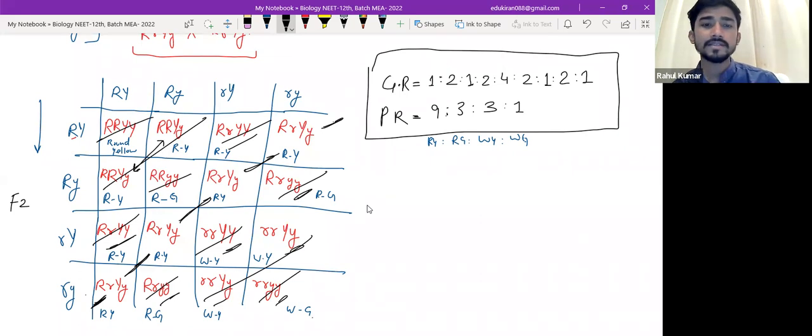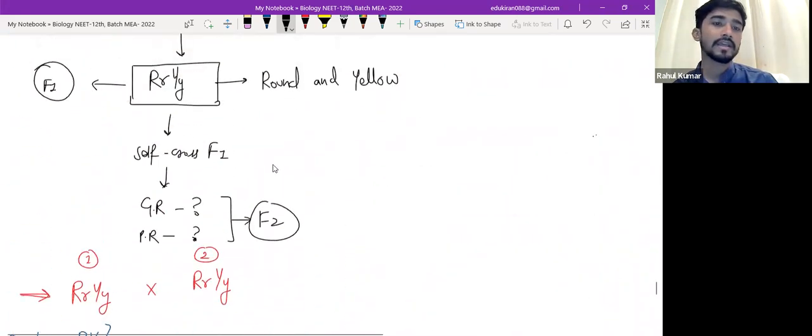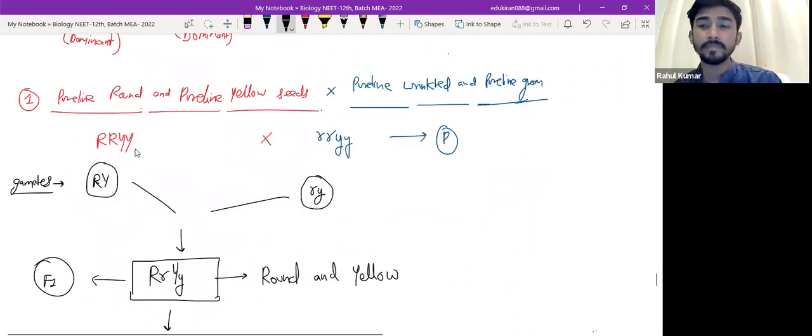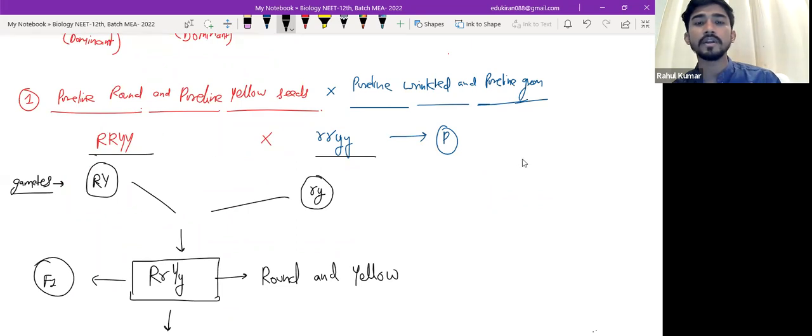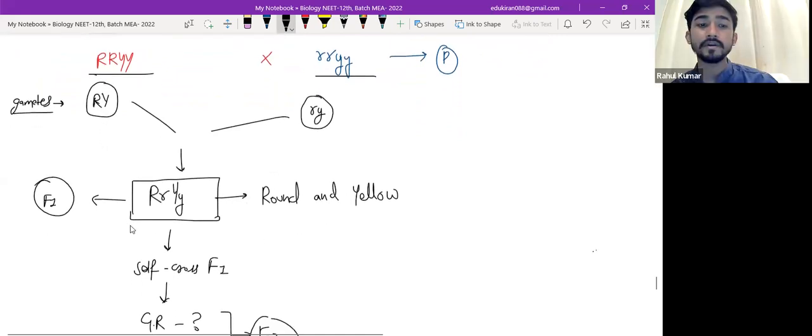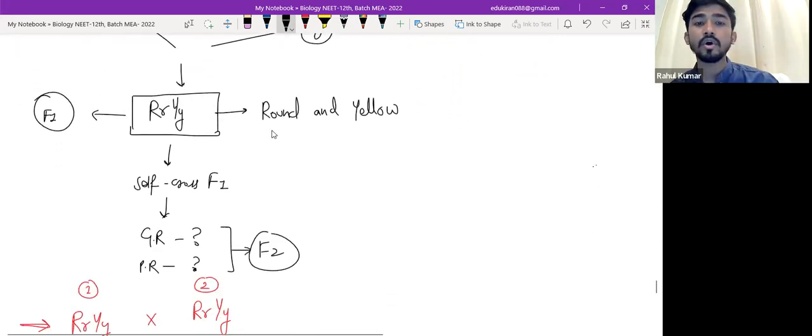But do you realize that we started with pure line parents in the first generation? In the parent generation it was all pure line, for the dominant and for the recessive both, correct? Then we got hybrids, genotypically hybrid in the F1, but all were dominant in terms of phenotype, right?